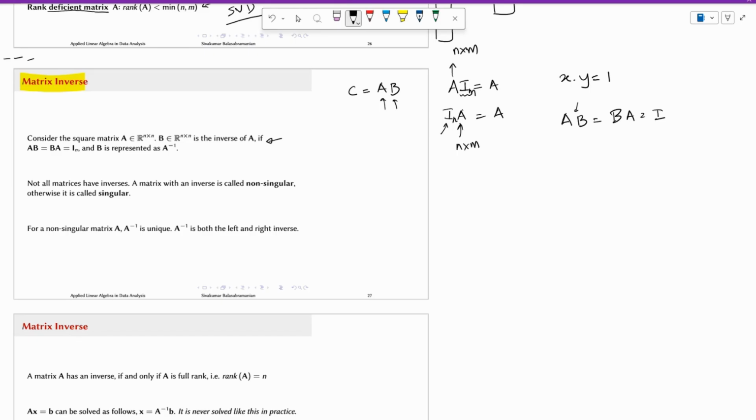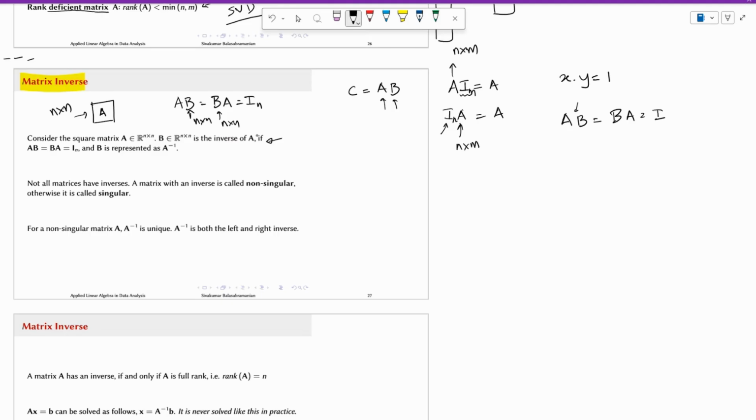And for now, we will say that matrix inverses exist only for square matrices. At least until this point, we can't talk about an inverse for a rectangular matrix. But later on, we'll see that there are inverses possible for rectangular matrices as well. But for now, whenever you have a square matrix A, we say a matrix B is an inverse for the matrix A if AB or BA is equal to I. And because it's a square matrix, let's say it's n cross n, and B is also an n cross n matrix, which produces IN.